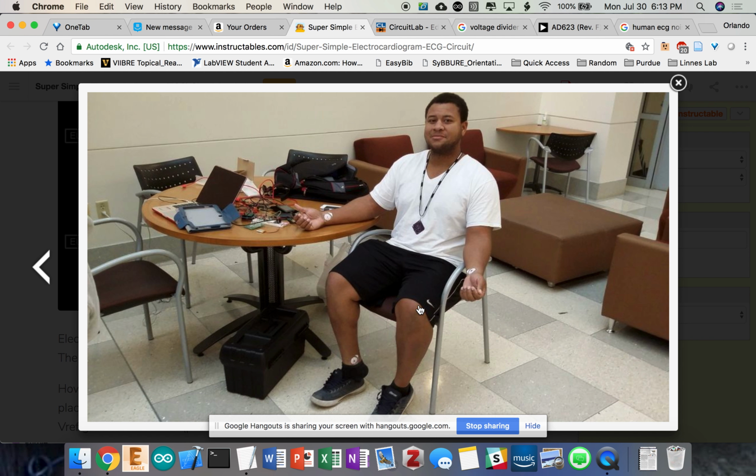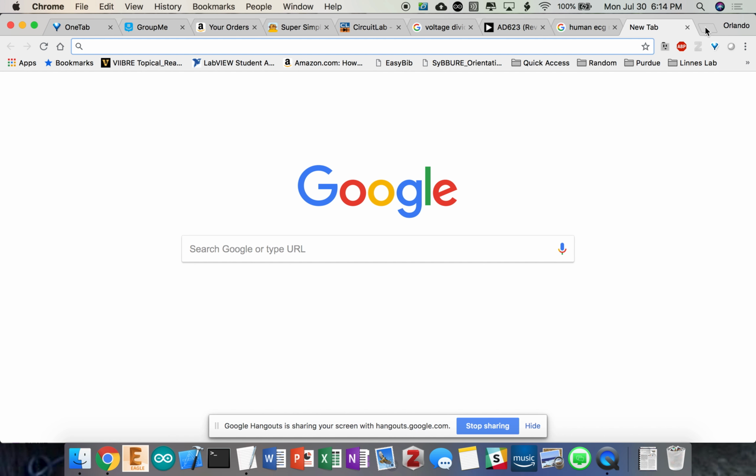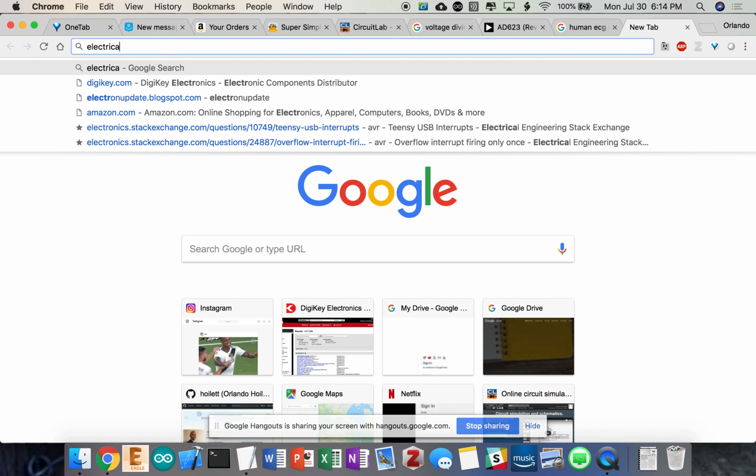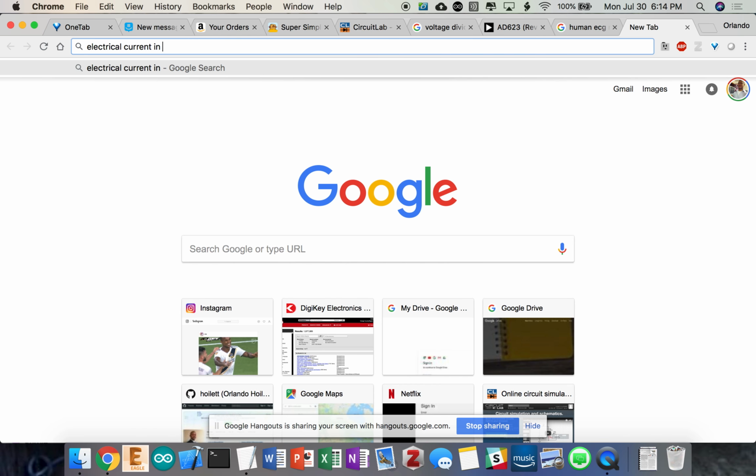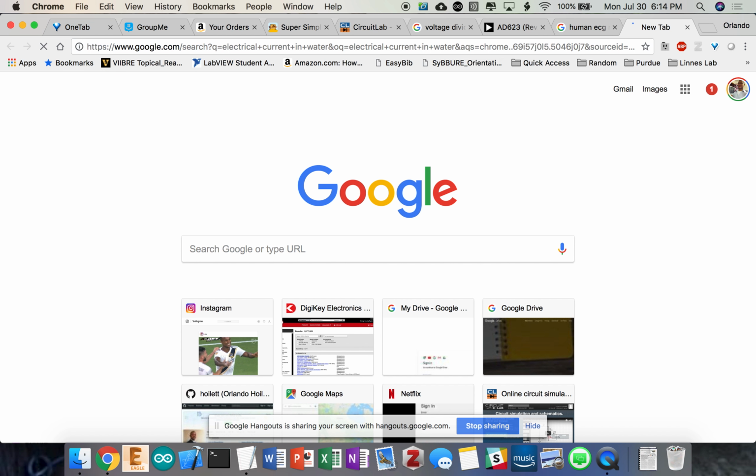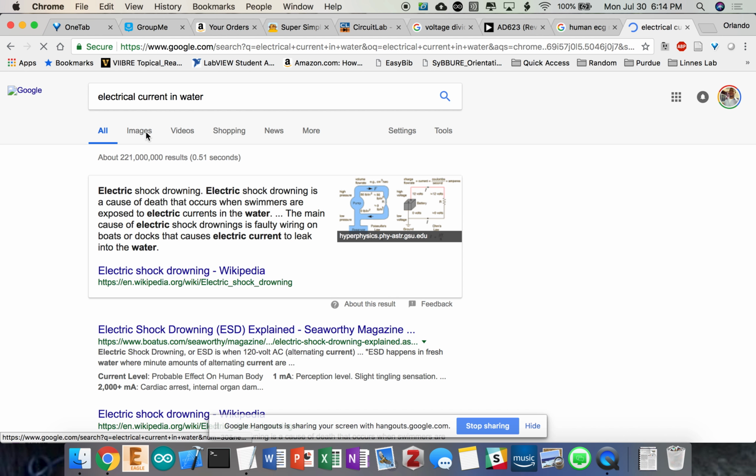So, what's the word I want to use? In aqueous solutions, let's see if I can find a diagram. Electrical current in water. Our bodies are, I don't know, like 60 to 70% water or something like that.